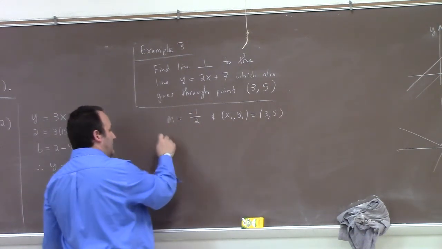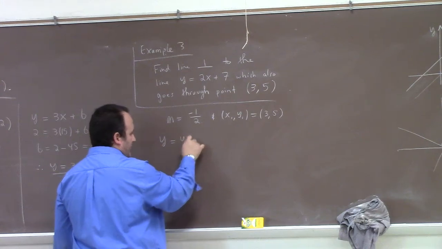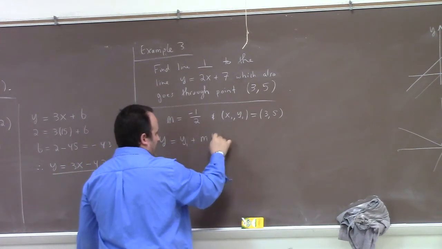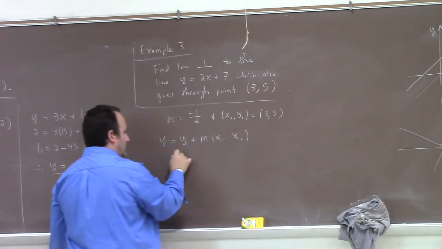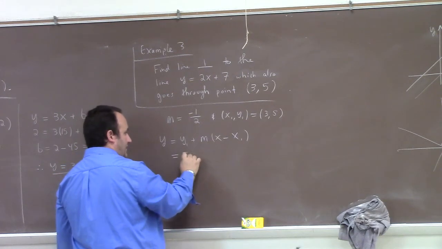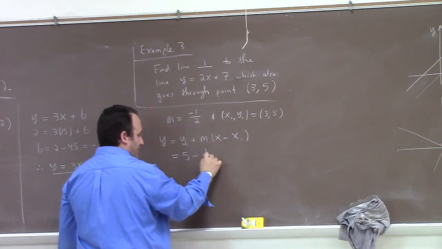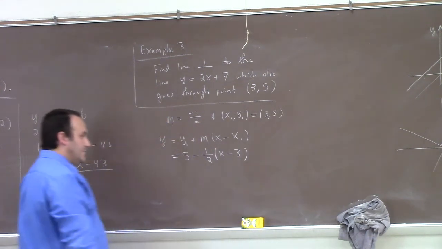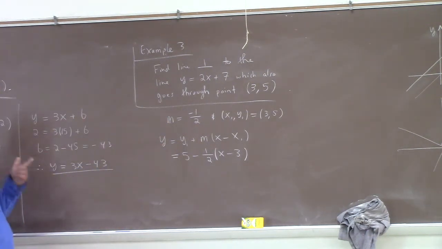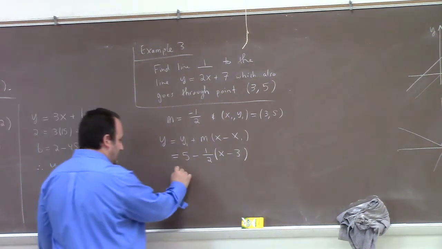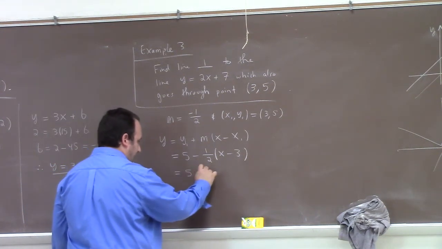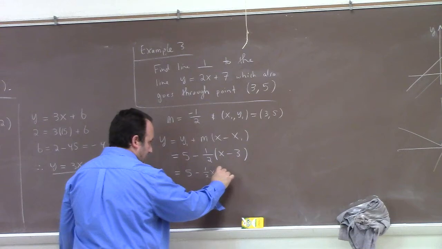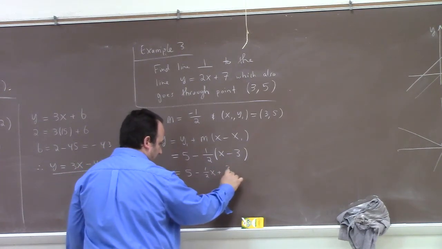And so again, we can do y is equal to y1 plus m times x minus x1, which is 5 minus 1/2 times x minus 3, which we can simplify if we want. 5 minus 1/2 x plus 3/2.